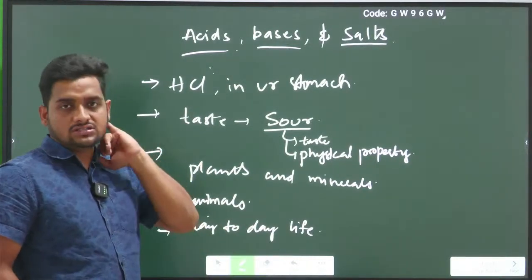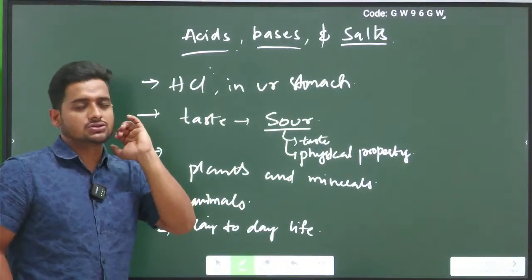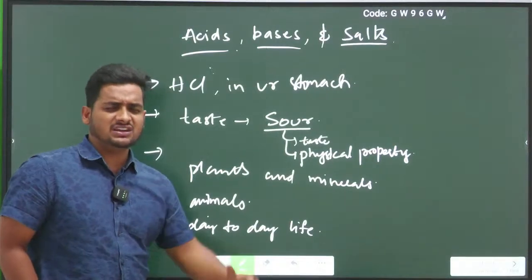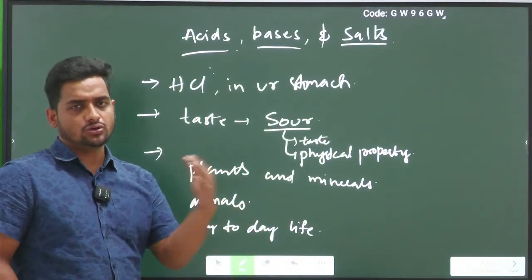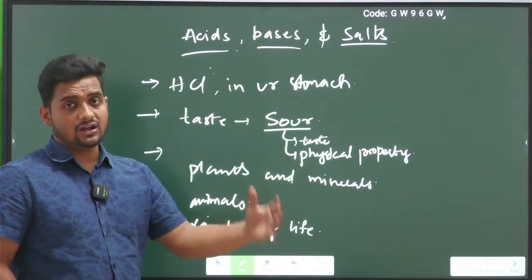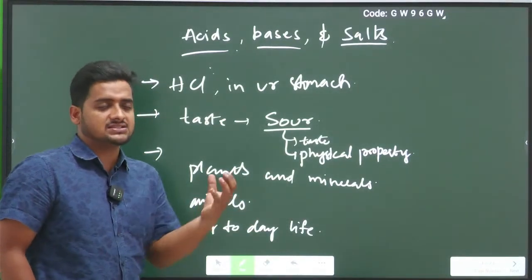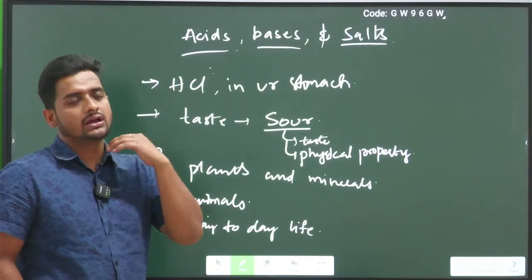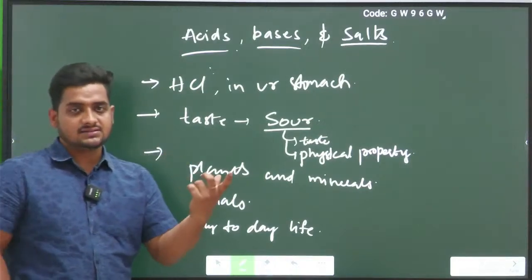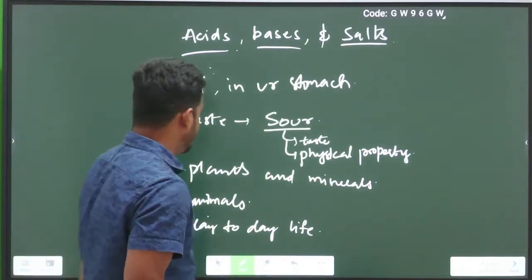If any compound is releasing H plus ions, it is an acid. If any acid has a pH between 1 to 7, it is an acid. If any compound is accepting electrons, it is an acid. In these ways you can determine whether it is an acid or a base.